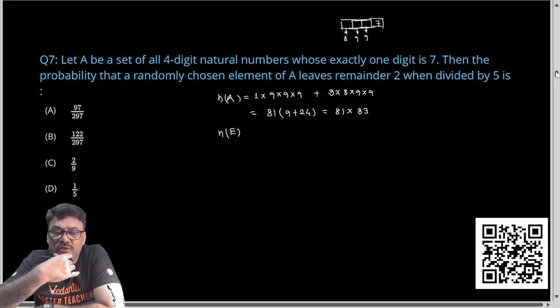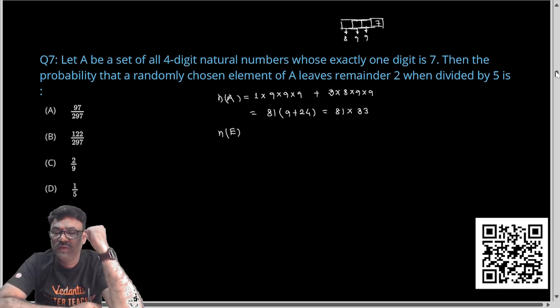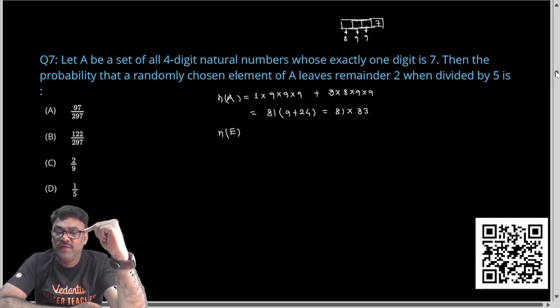Means the number that you are choosing will have 7 at exactly one of the places. And since when I'm dividing it by 5 it leaves remainder 2, its unit digit will be either 2 or 7.